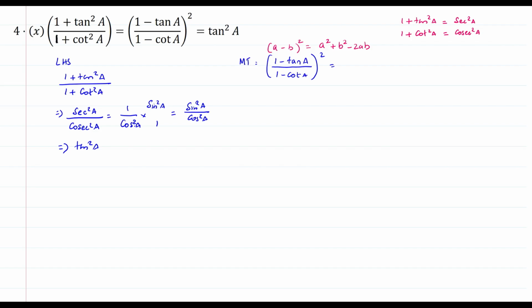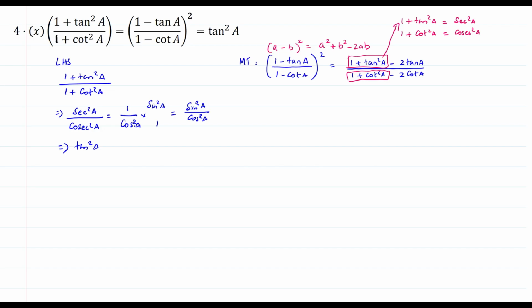When we expand this, you get 1 plus tan square A minus 2 tan A divided by 1 plus cot square A minus 2 cot A. So what is 1 plus tan square A? It is actually secant square A, and 1 plus cot square A is actually cosecant square A.